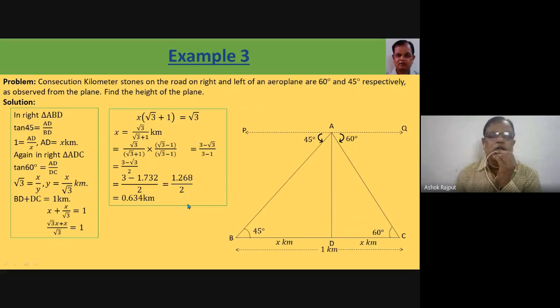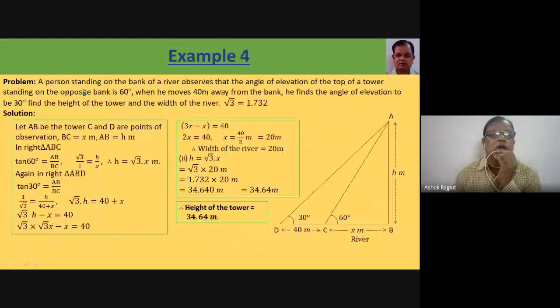Now next, a person standing on the bank of a river observes that the angle of elevation of the top of a tower standing on the opposite bank is 60 degree.